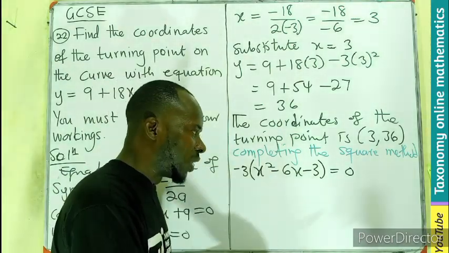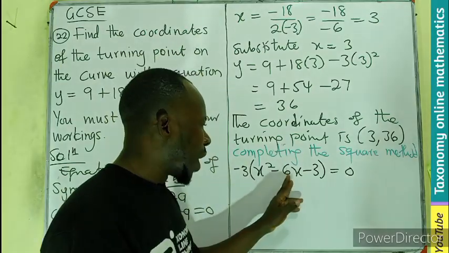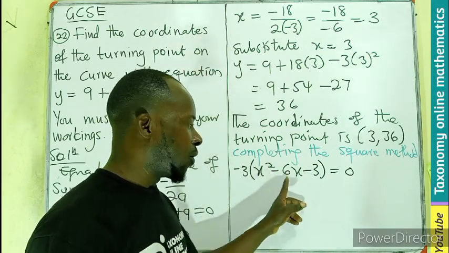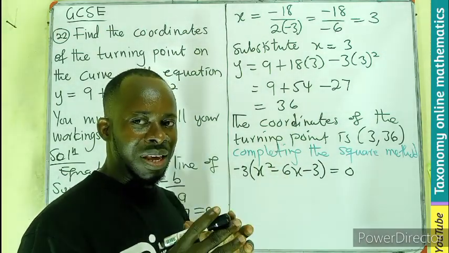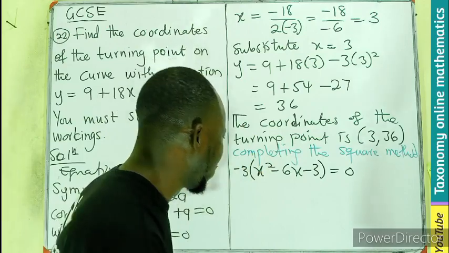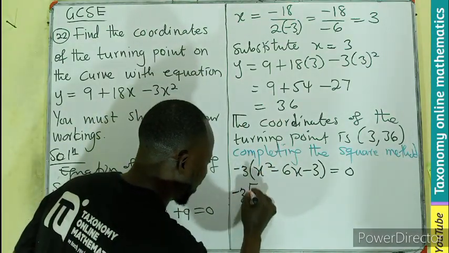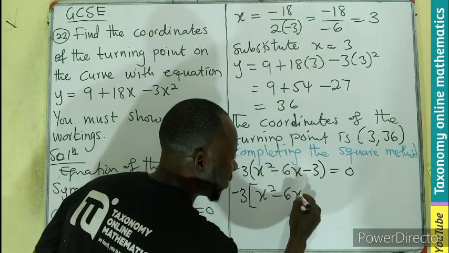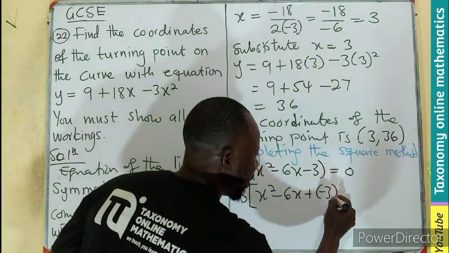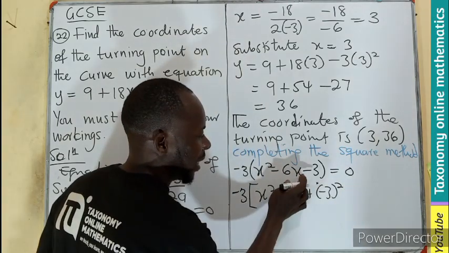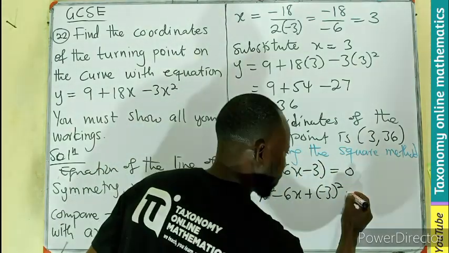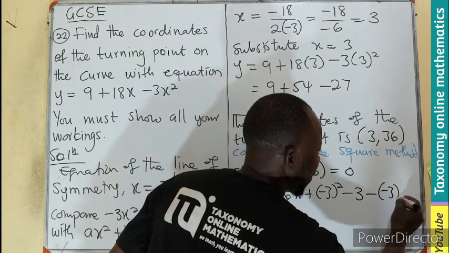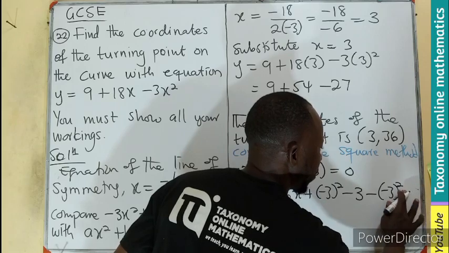Now, we are going to concentrate on the bracket. We are going to find half of the middle term and square it. Half of negative 6 is negative 3. My minus 3 will stay in there. I'll have x squared minus 6x plus negative 3 all squared. Then this is going to be minus 3 minus negative 3 all squared equals 0.